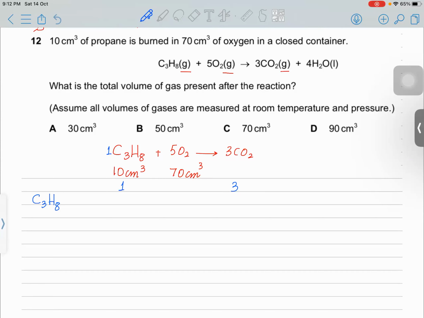So here you have C3H8, here you have CO2. If the ratio is 1:3 and 10 cm cube is given, so what would be the volume of carbon dioxide produced? It is 30 cm cube.